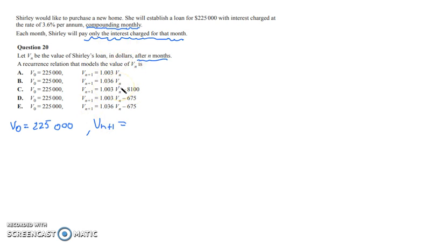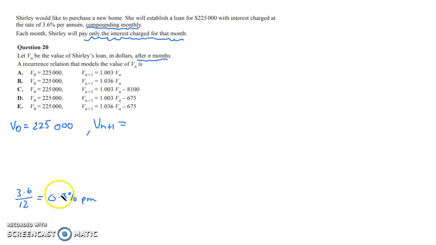First off, as we said earlier, we're working in months, so we need to turn this percentage per annum into a monthly percentage. 3.6 divided by 12 months gives us 0.3% per month. It's very important that we are working with 0.3% and not yet a plain decimal value.